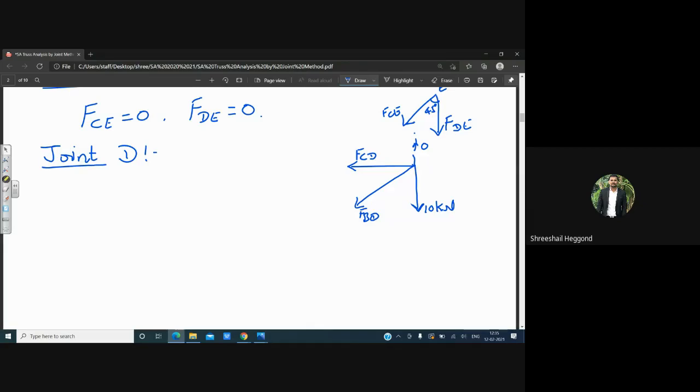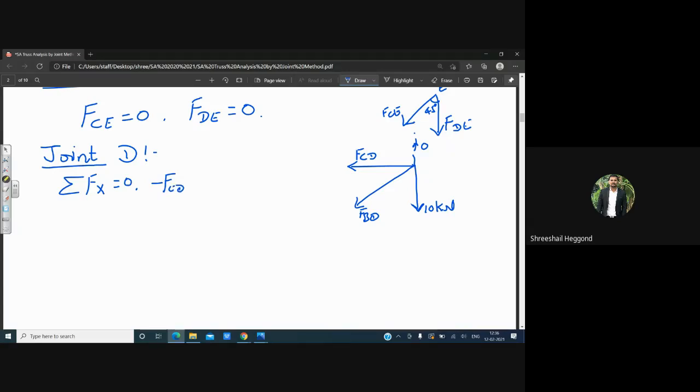Remaining members I can consider and write the expression as summation of Fx equal to 0. FCD is acting towards the left, therefore it has to be minus FCD.